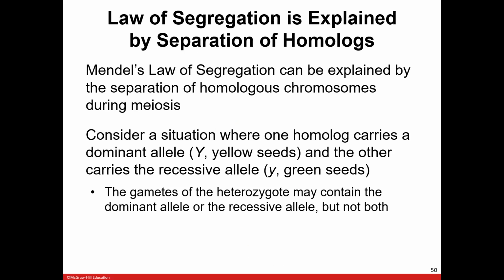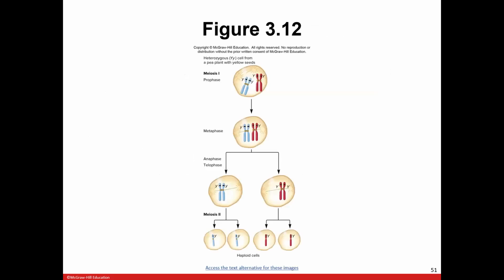Again, this goes back to the law of segregation, that they have to get split up. You're not going to make a haploid cell that still has both versions in it. So remember that meiosis 1 starts with prophase, where the chromosomes condense down. Metaphase, they line up on the metaphase plate.